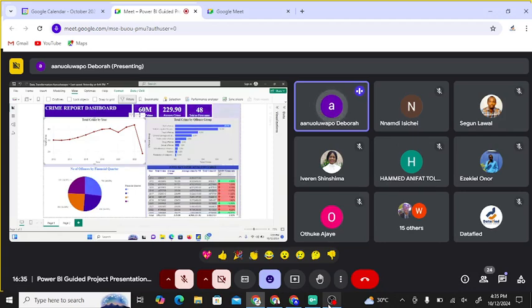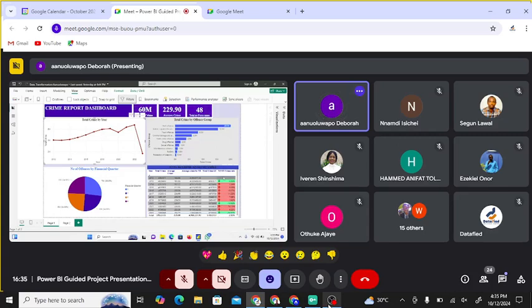Then I later did the percentage year on year for each year. 2012 doesn't have one, while from 2013 downwards has.